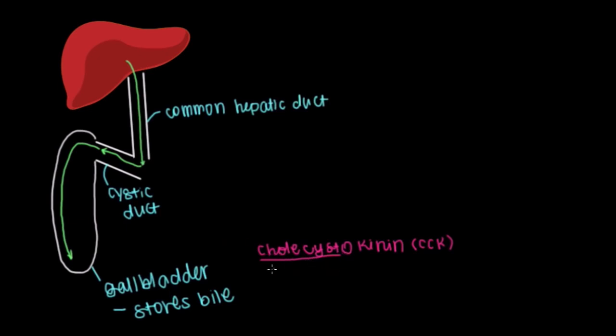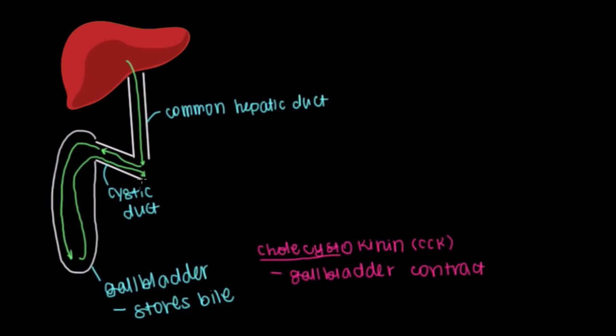So cholecystokinin will cause our gallbladder to contract. And when the gallbladder contracts, remember, it's a blind pouch. So this is going to squeeze all the bile that's sitting here right back out to flow through the cystic duct and go somewhere else.